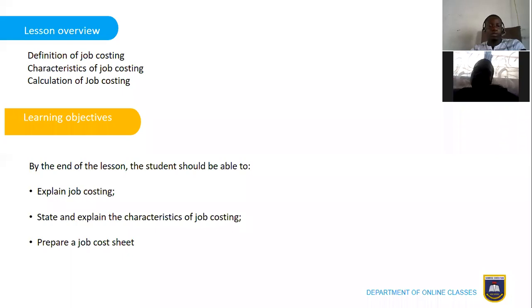Then our learning objectives. By the end of the lesson, the student should be able to explain job costing, state and explain the characteristics of job costing, and then prepare a job cost sheet. So these are our objectives for today.